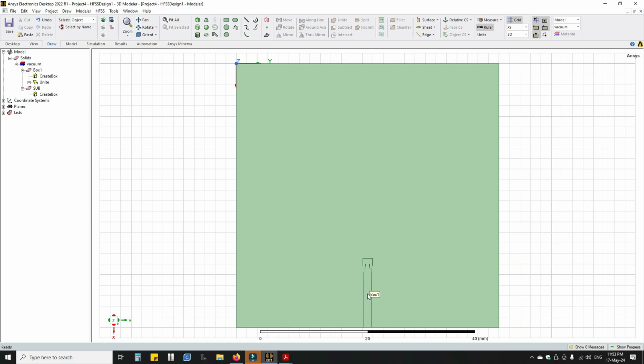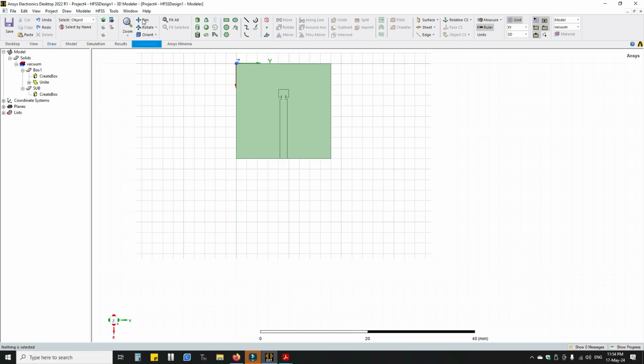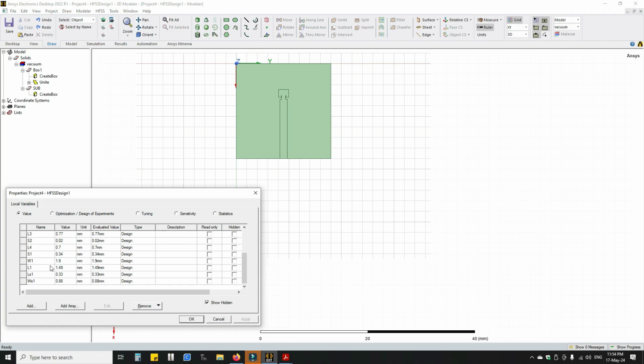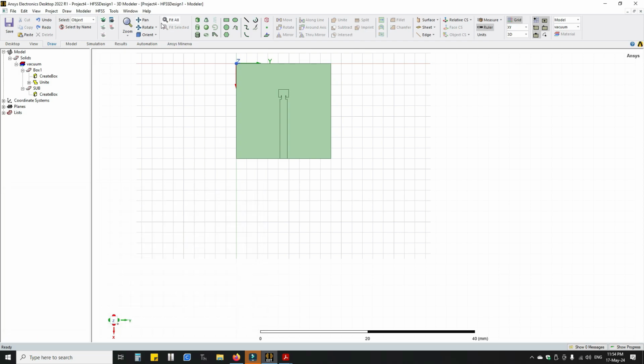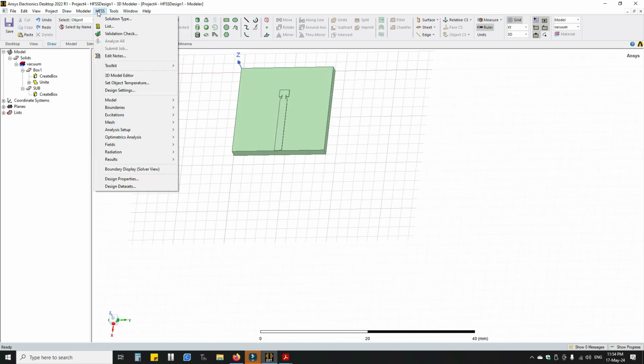At the same time, it sticks to the place where we mentioned earlier. If I'm going to change the thickness, go to HFSS design properties.